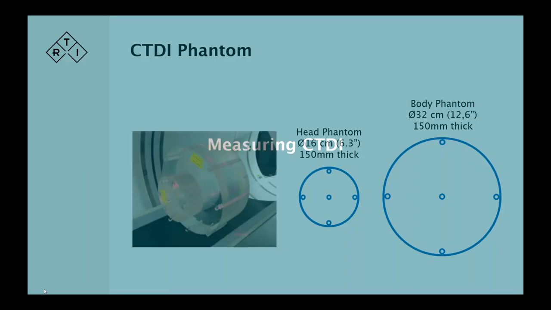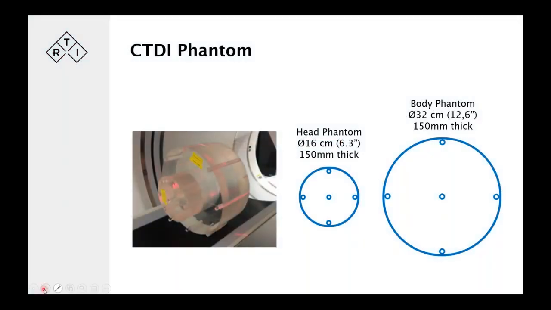All right, so we are looking at some typical measurements that are being made for constancy checking and also for acceptance testing, etc. So one is the CTDI, that's the CT dose index, and it's done, as I'm sure most of you know, using a phantom that's made out of PMMA, plexiglass.